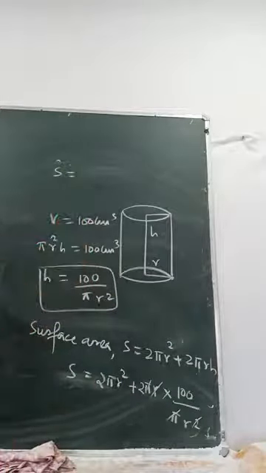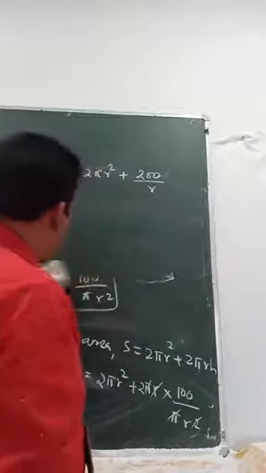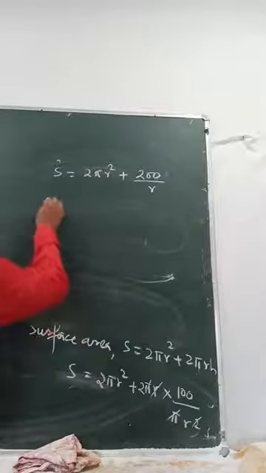Clearly s is a function of r. So ds by dr you have to find out. Let's find. So ds by dr, 2 pi constant, d by dr of r square, 200 constant, d by dr of 1 by r.